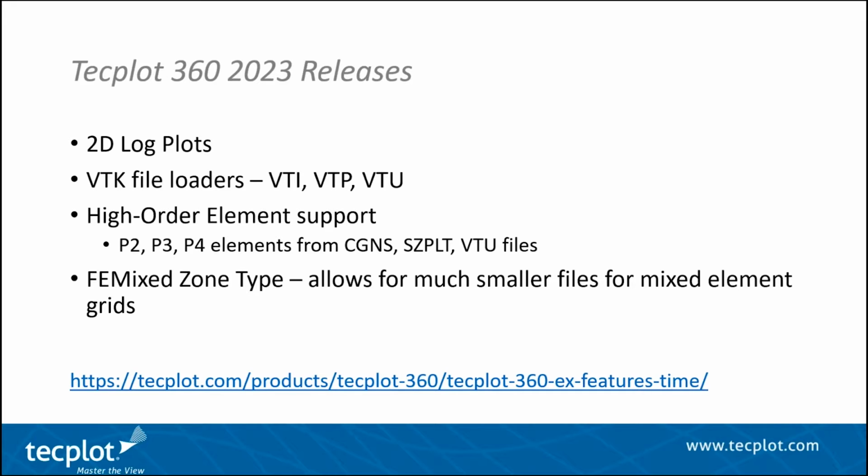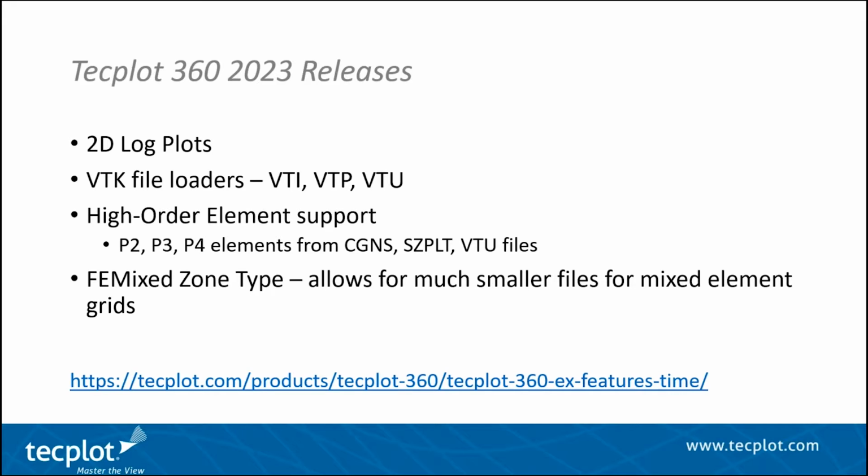The really big thing that we released in 2023 are these last two bullets: higher order element support and FE mixed zone type. High order elements we're seeing really come online more and more. This has been an area of research for many years, but we're seeing a few commercial organizations starting to pick up high order elements.